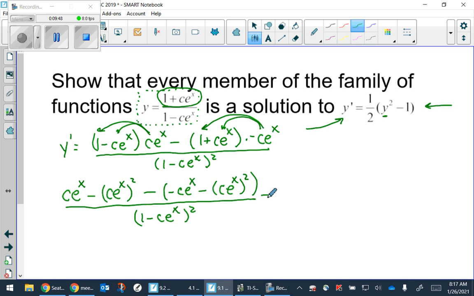Okay, that's a pain. Equals 1/2 y squared, that's (1 plus C e to the x over 1 minus C e to the x) squared, minus 1.